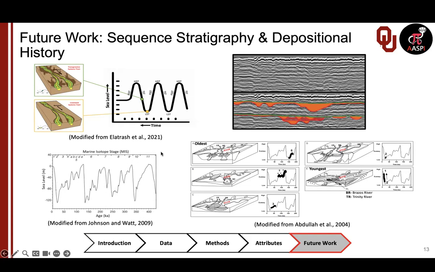I'm just trying to see basically when these unconformities occurred, and then try to fill in the gaps a little bit here. And then there's a bunch of published literature on this area and the Brazos River Delta and the Trinity River Delta. I'm just trying to basically put together a story here and make the geomorphology in the subsurface make sense in this area in the Gulf of Mexico.